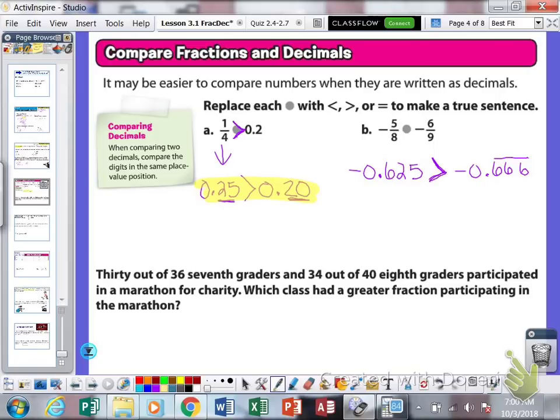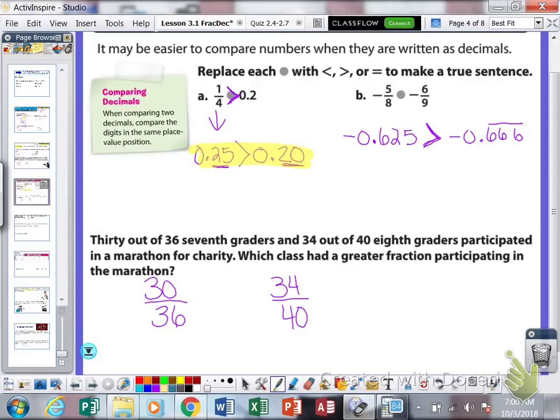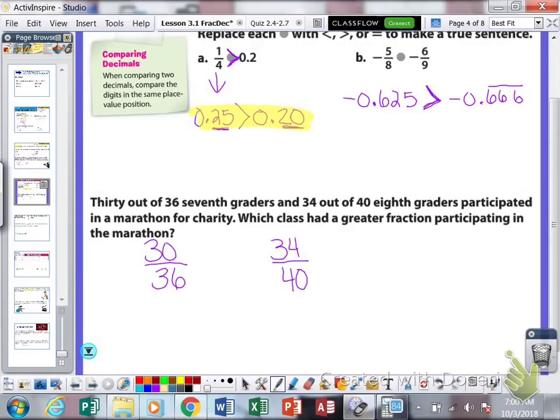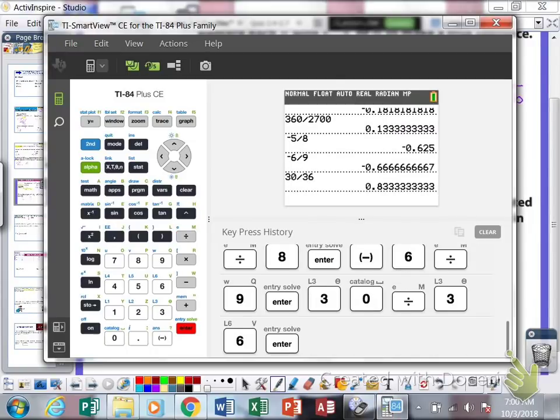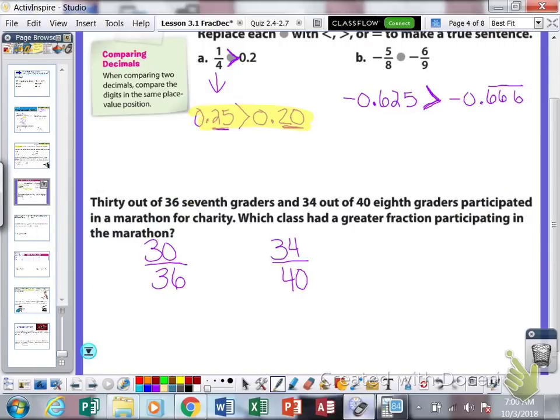30 out of 36 7th graders, and 34 out of 40 8th graders participated in a marathon for charity. Which class had the greater fraction participating in the marathon? Okay, so 30 out of 36 is 0.83 repeating.